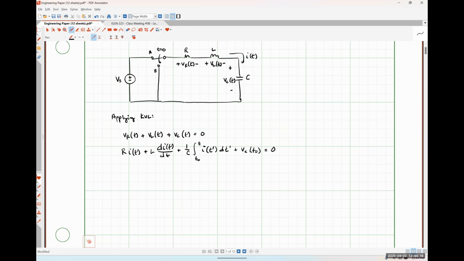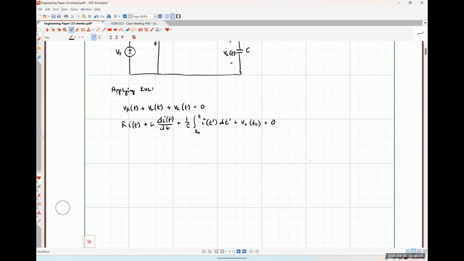I once again have an integro-differential equation that I can convert into a second order differential equation by just taking the derivative of both sides. That leaves me with L times the second derivative of the current with respect to time plus R times the first derivative of the current plus 1 over C times the current is equal to 0.